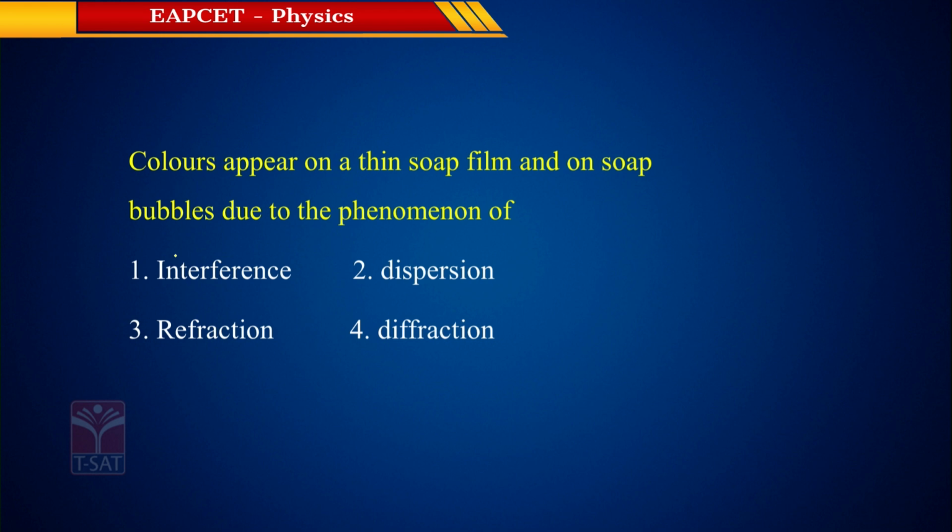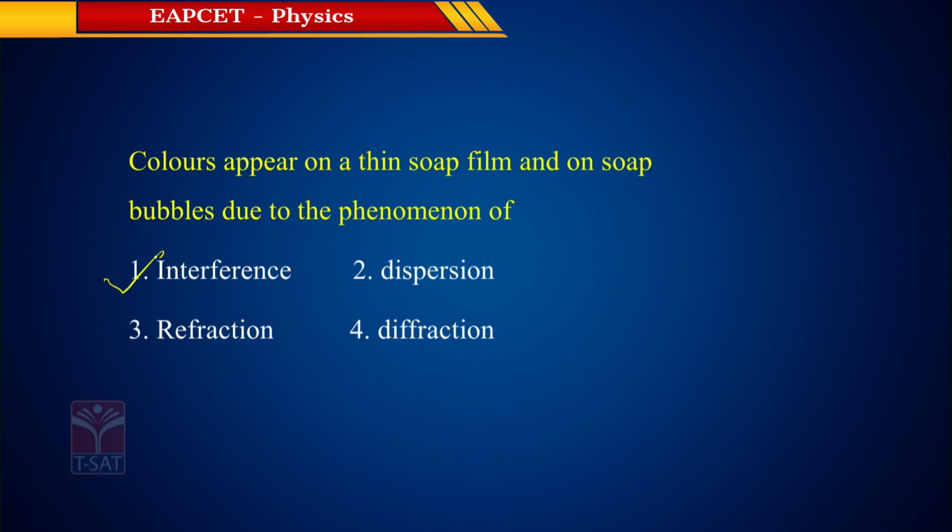Two coherent sources of light rays traveling from one place to another superimpose, and on the screen you observe bright and dark images; this is called interference. Therefore, colors appearing on a thin soap film and soap bubbles are due to interference, the first option.